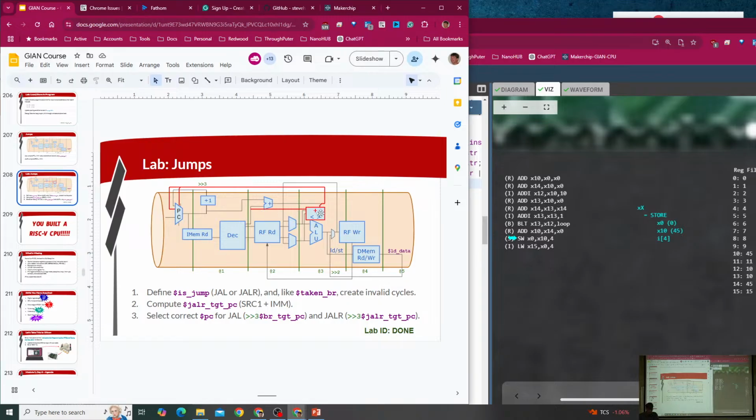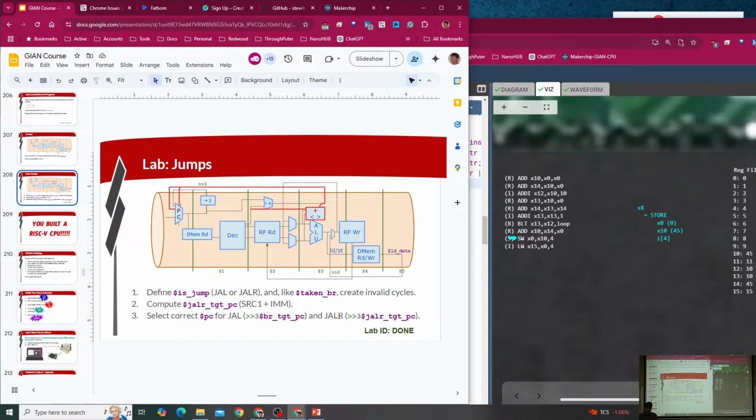So step 2, add in this adder, and then step 3 is to use that in the PCMux. The PCMux currently has the case for taken branch, which uses this target. We also want to use this target for JAL instructions.